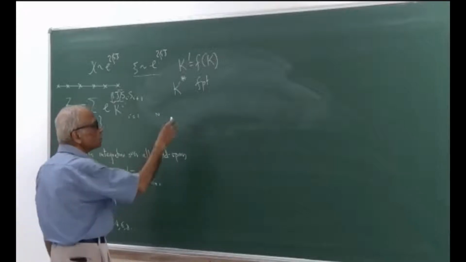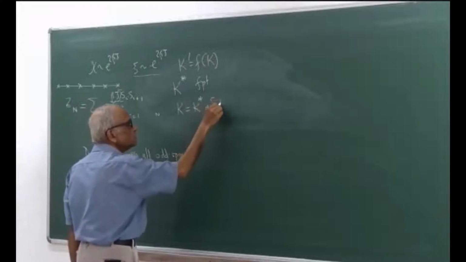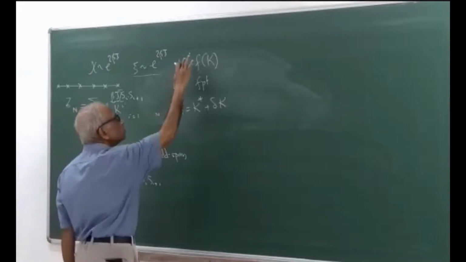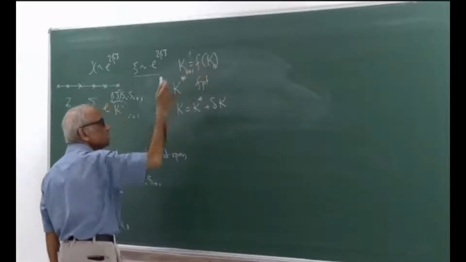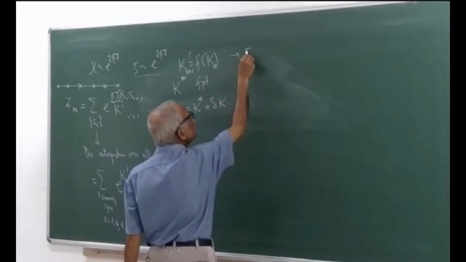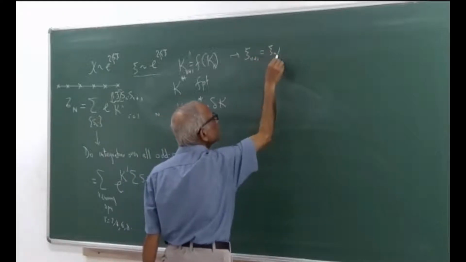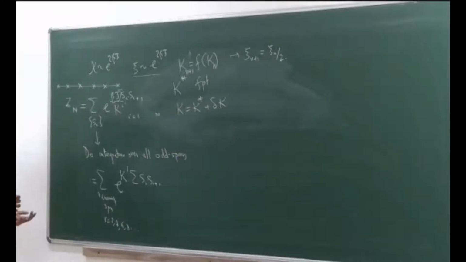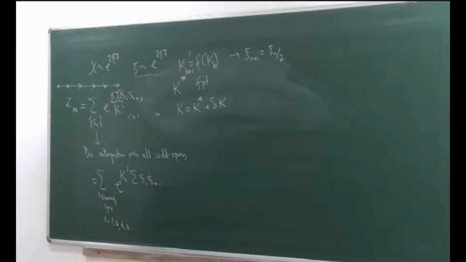Suppose K is equal to K star plus delta K, with the recursion K_{n+1} from K_n. Each step makes xi smaller by a factor of 2, because the lattice spacing has been doubled, and the unit of length is the lattice spacing.